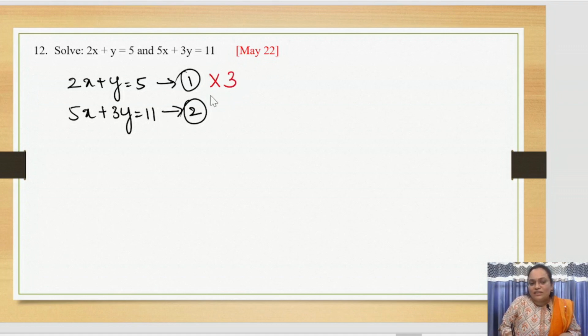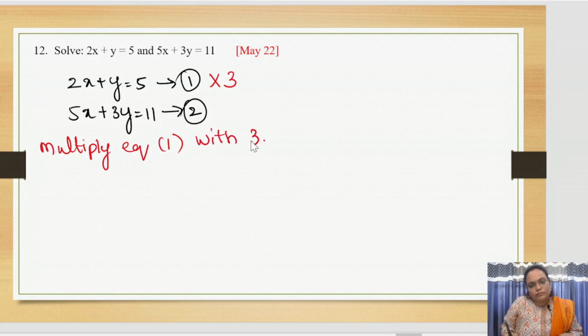So let us make the coefficients of the variable equal by multiplying the first equation with 3. If you multiply the first equation with 3, the y variable will be equal, so that we can eliminate the y variable first. Okay. Multiply equation 1 with 3. You will get 6x plus 3y is equal to 15.